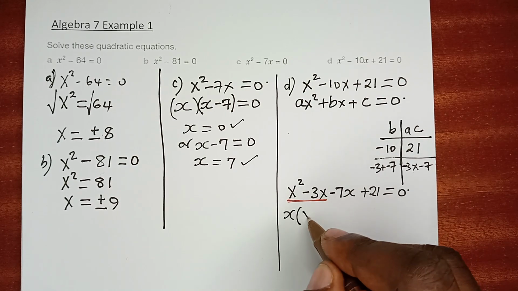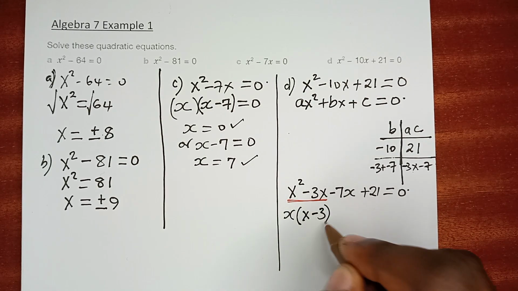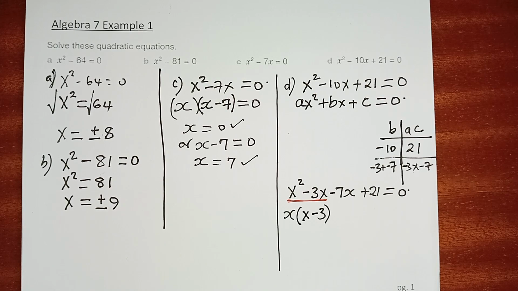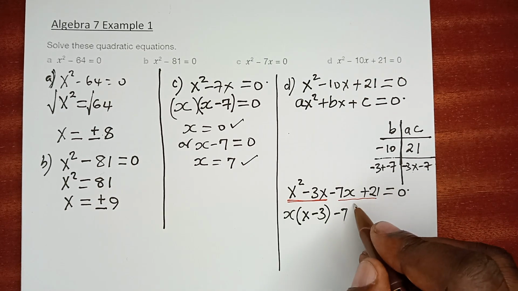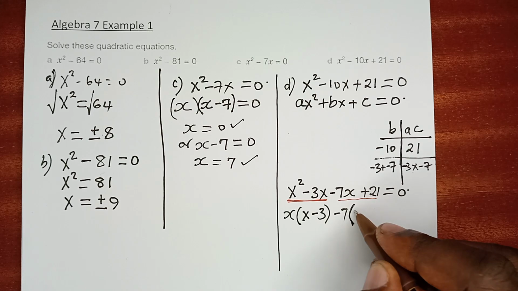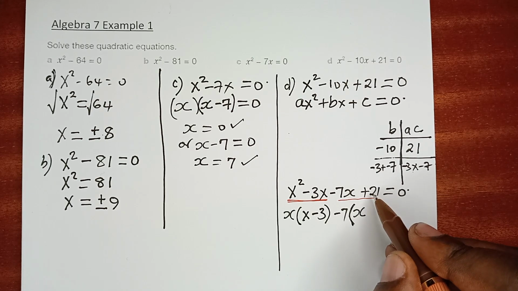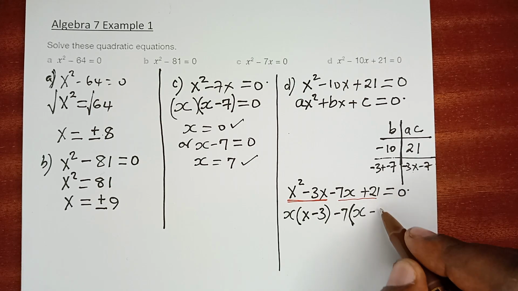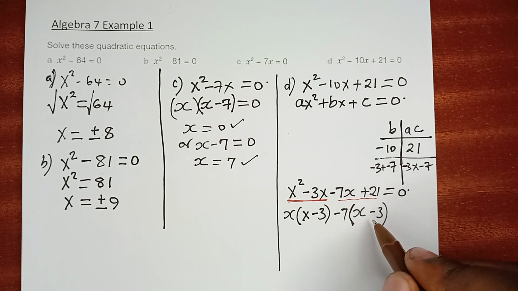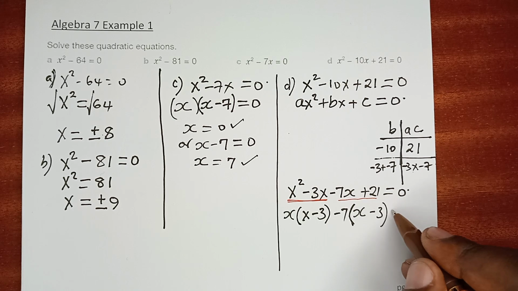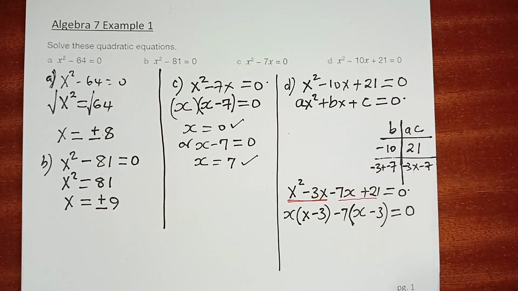Inside the bracket, we have x minus 3. And then within the next two terms, what is common? -7 is common. And then in the bracket, we have x minus 3, because 21 divided by -7 is -3. And this is now what is equal to 0.